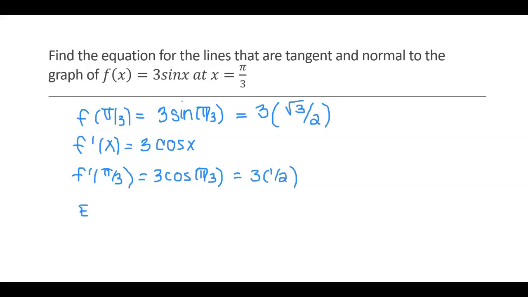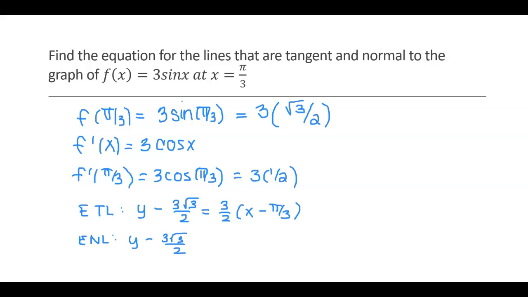So the equation of the tangent line is y minus 3 square roots of 3 over 2 equals 3 halves times x minus pi thirds. And then the equation of the normal line, your x and y stay the same.